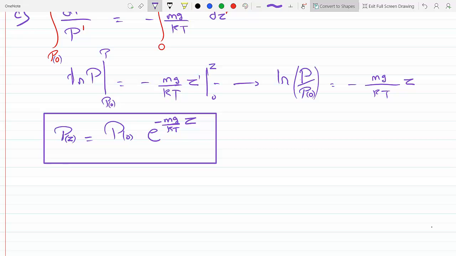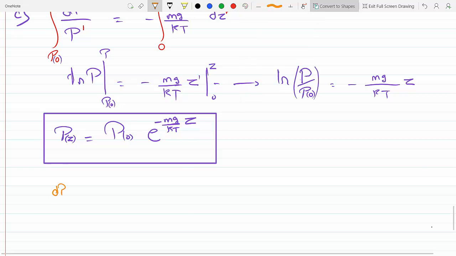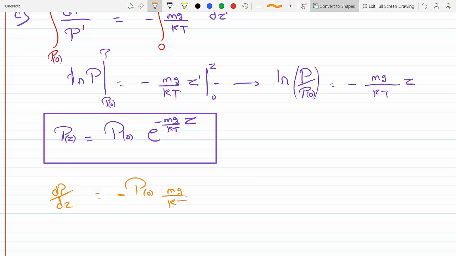I could take the derivative here, so dP over dz would equal p0, and then the derivative of e is the same times the chain rule, so I would multiply by minus mg over kT, times the exponential itself.